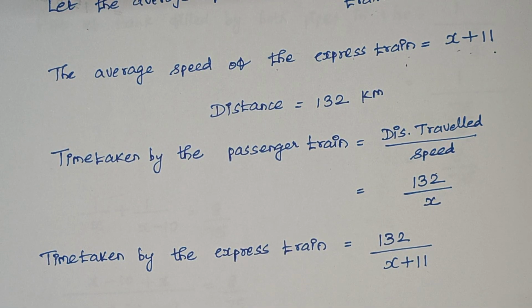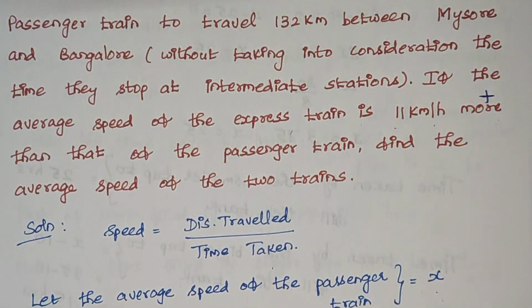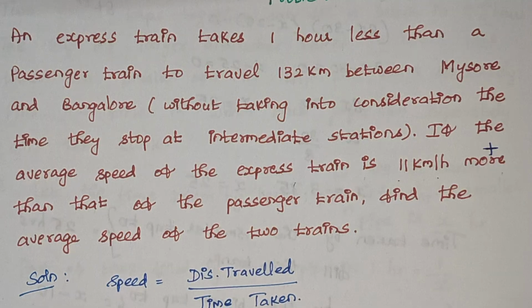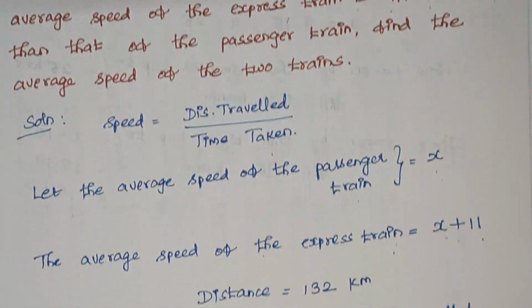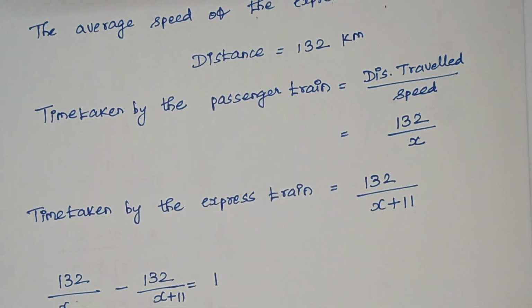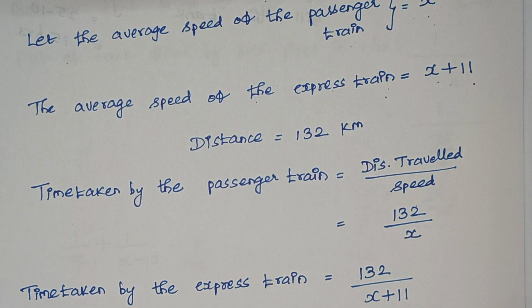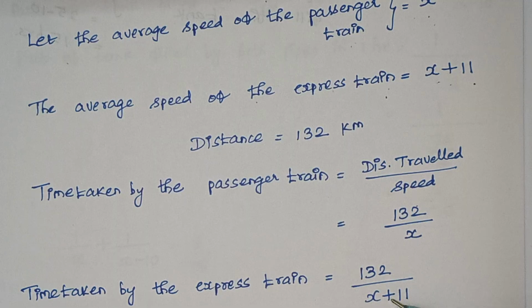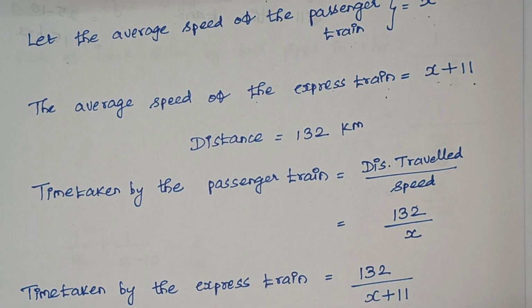Now, you see in the problem it is clearly given that the express train takes 1 hour less than the passenger train. Therefore, the difference between the time taken by the passenger train and the time taken by the express train, when you subtract, should be equal to 1.